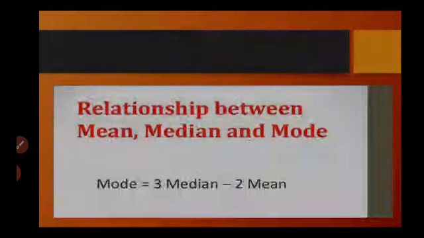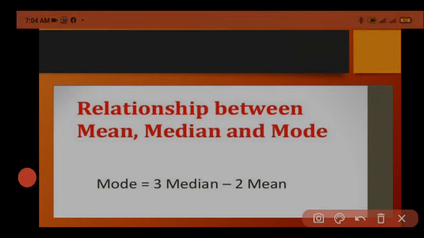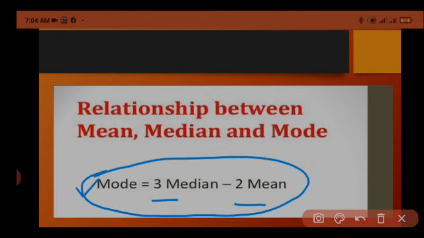Okay, all these three have one very good relationship between them. What is that? Mode is equal to 3 into median minus 2 into mean. So suppose in a question we have to find all the three things. Then two things we will find using the formulas, and the third thing we can find using this small formula.